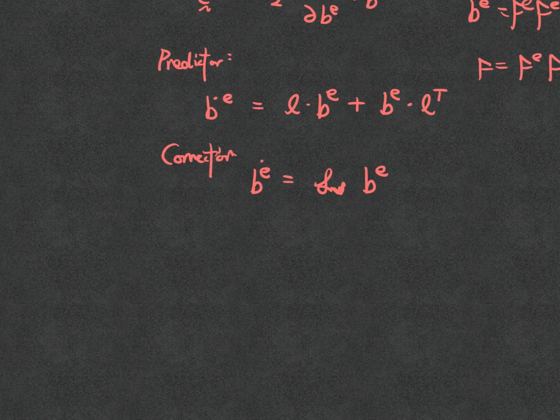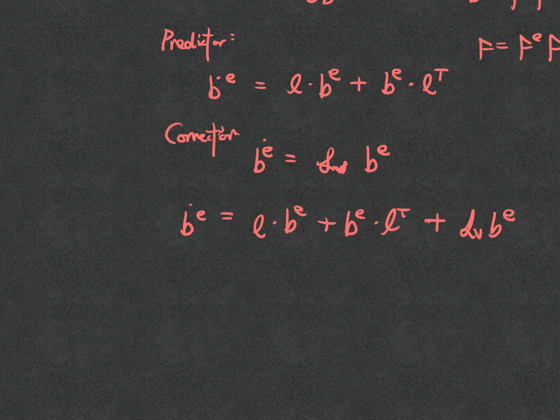I need to introduce some detailed notation. So B^e dot in the correction term is equal to L B^e plus B^e L^T, the Lie derivative of B^e.